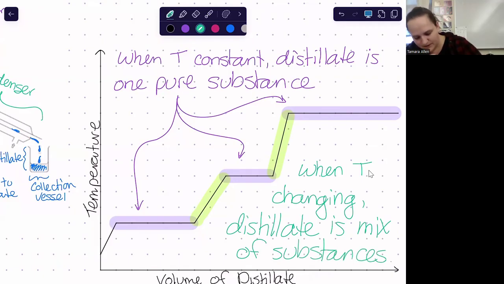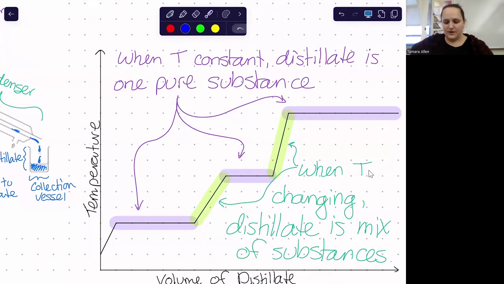So essentially, it's there and that's there. Once we've gotten close to boiling off all of this first substance, the last little dregs of it are going to be mixing with the first little bits of the next substance. So as the temperature is changing, you're getting a mix of the lower boiling and higher boiling substances as you have that sort of transition between their temperatures.